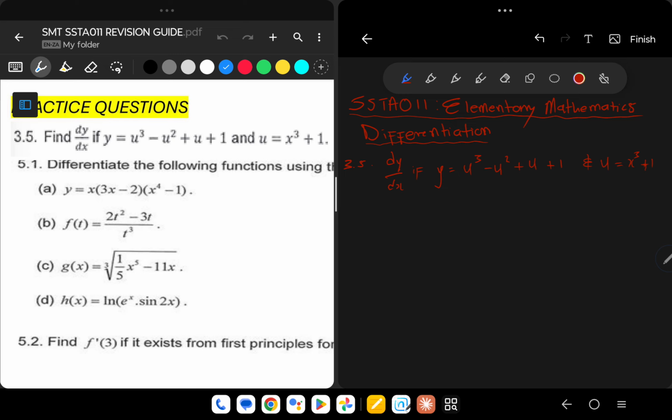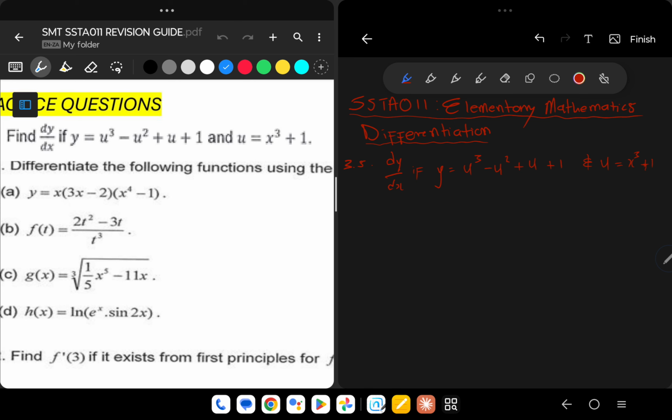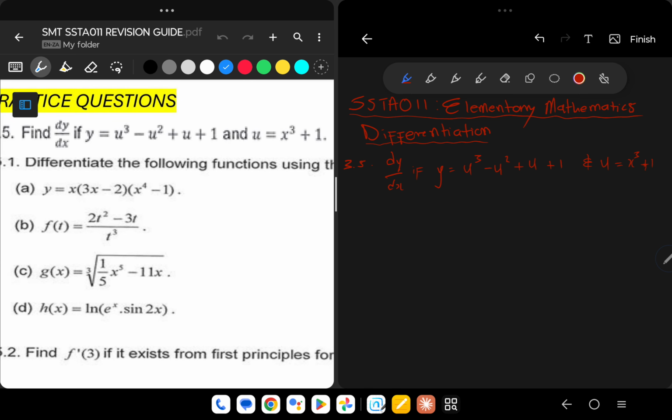So the first question, we need to find the dy over dx given y being equal to u cubed minus u squared plus u plus 1, and u equals x cubed plus 1.